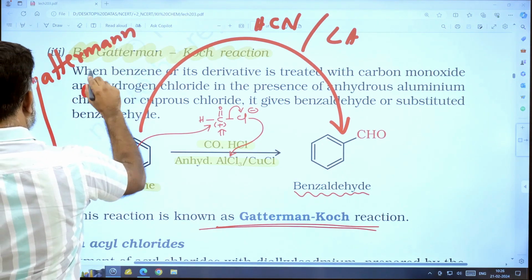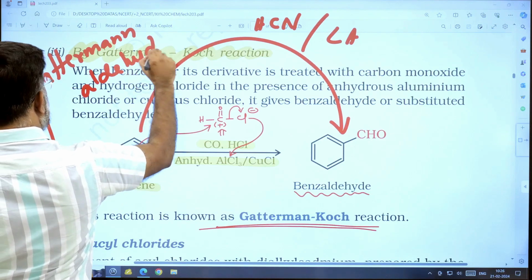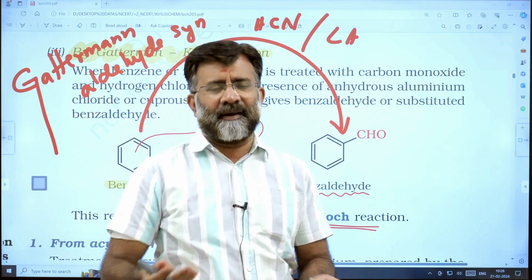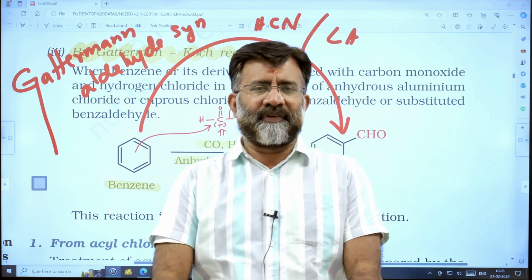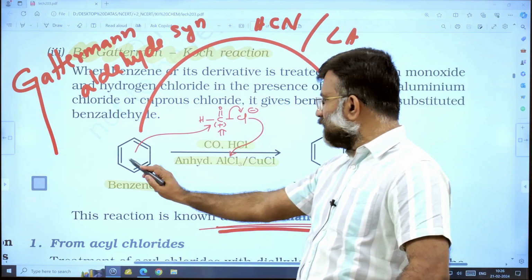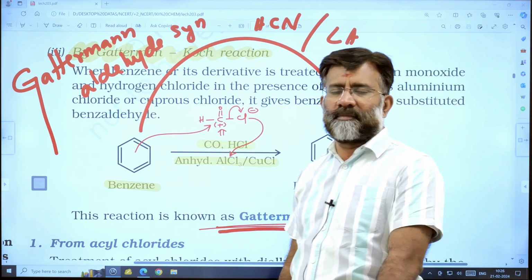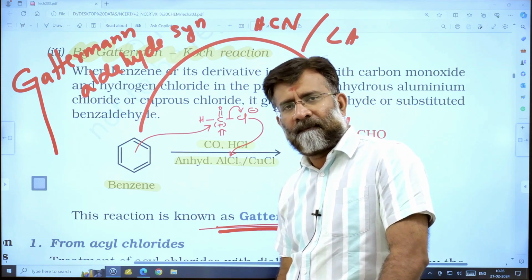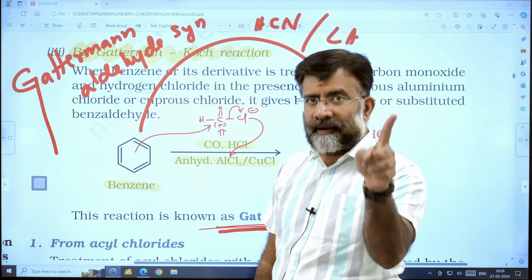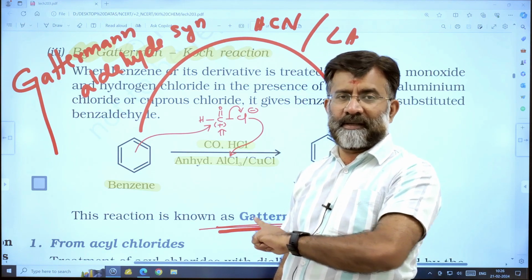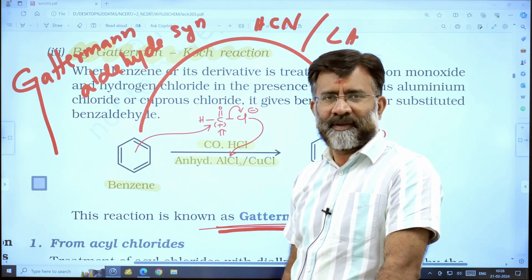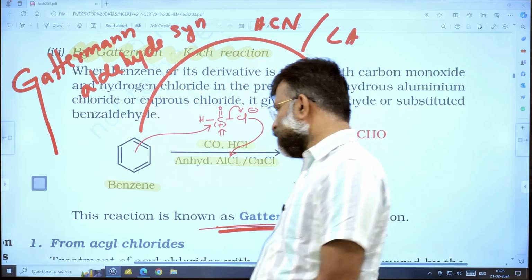Not in the syllabus, I am just telling you as a point of related information. So, the Gatterman-Koch reaction we have in the syllabus: benzene converted to benzaldehyde using carbon monoxide and HCl. The Gatterman aldehyde synthesis uses HCN and Lewis acids.